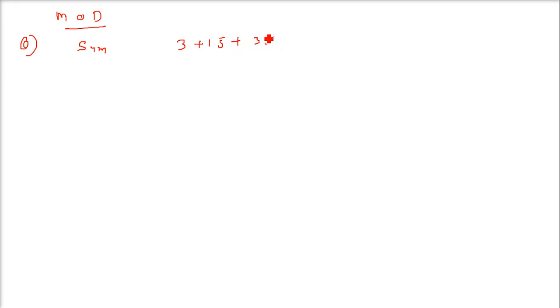If we take the differences, 15 minus 3 is 12, 35 minus 15 is 20. So these terms 3, 15, 35 are not in AP. If you take one more term, say 63, we have 15 minus 3 is 12, 35 minus 15 is 20, and 63 minus 35 is 28.